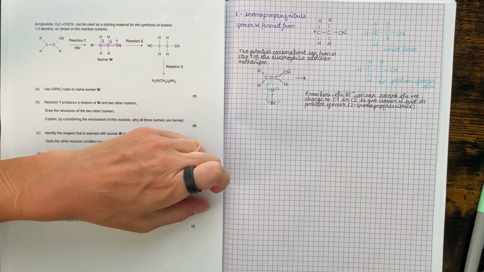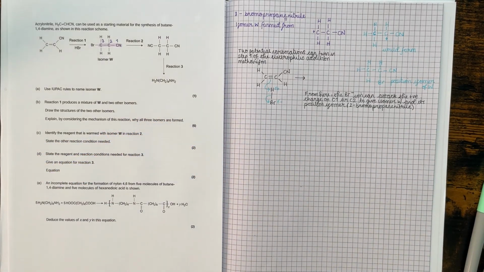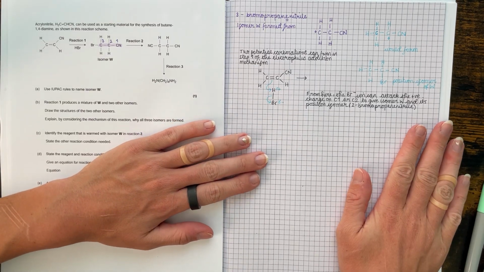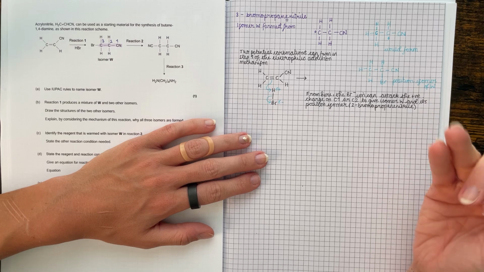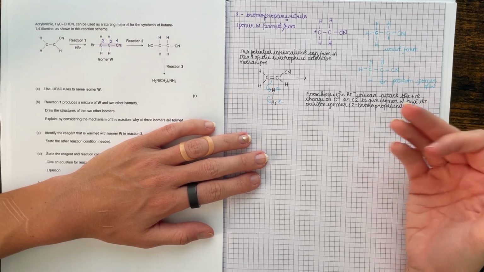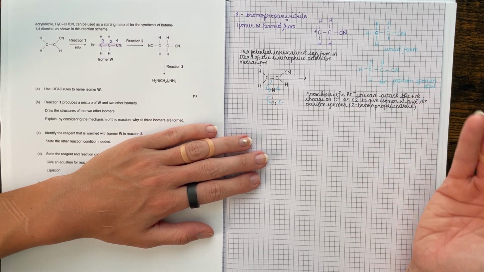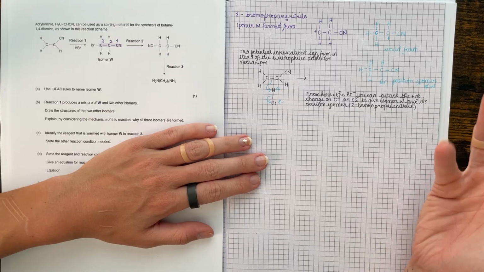Now, there are many different types of isomerism, and what I've always suggested to students who have struggled on this question is, when they've got to this point, to think, right, what other types of isomerism do I have? So under the umbrella of structural, we've got position, chain, and functional group. I can't see a viable way of us making a functional group isomer here or a chain isomer.